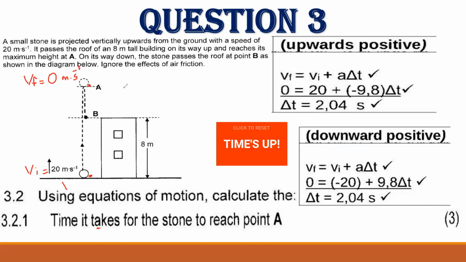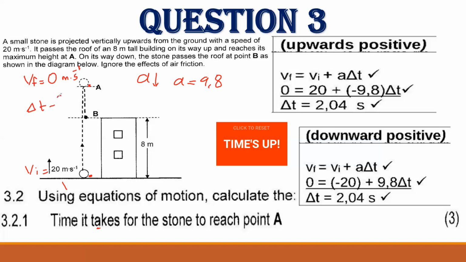But for acceleration, remember, it is always down, don't forget it. So now I know my V initial, my V final, and my acceleration, 9.8, direction down. Now we are looking for time, delta T.